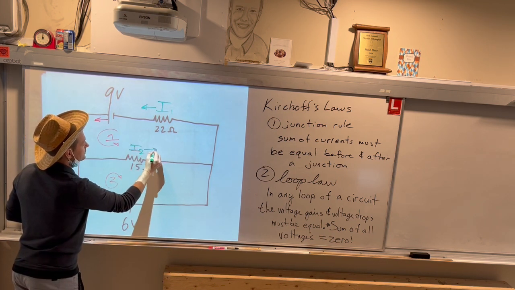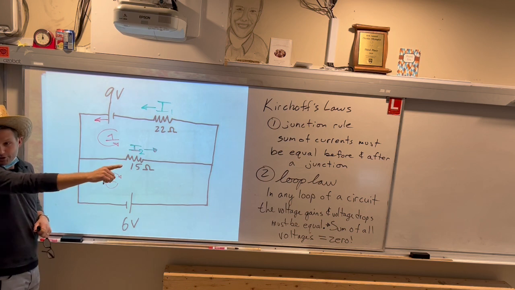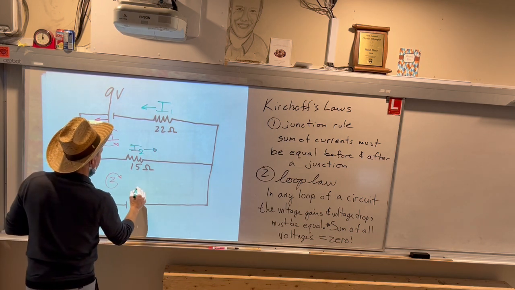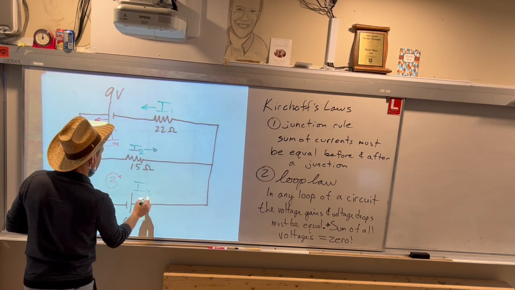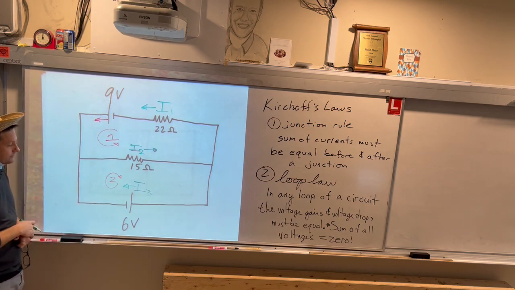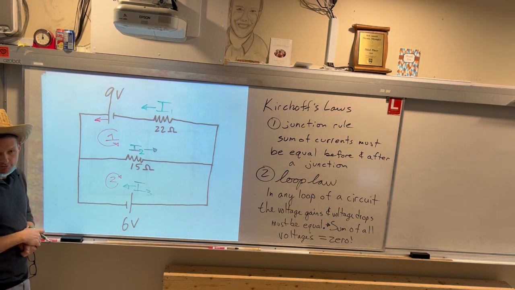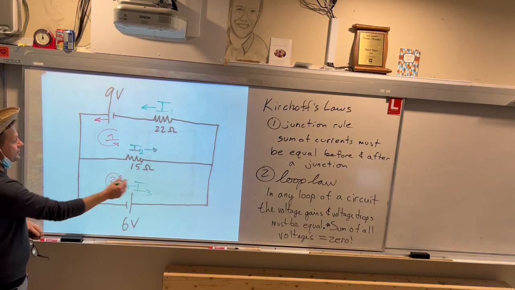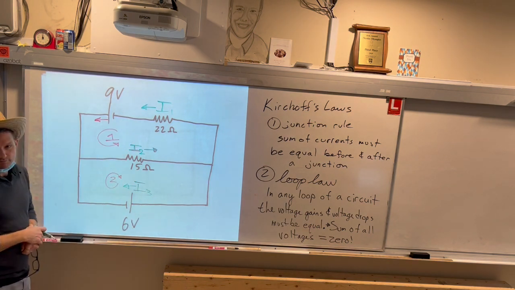I'm using Christmas colors, I didn't even know. And we'll say I3 through this 6 volt is going that way. Now we've just decided; we're not totally sure if we're right. But we can go based on these directions.